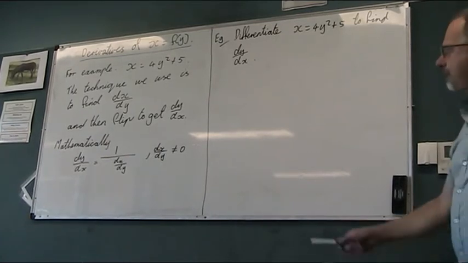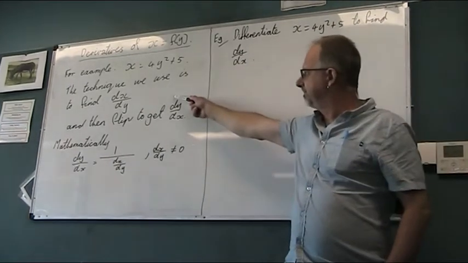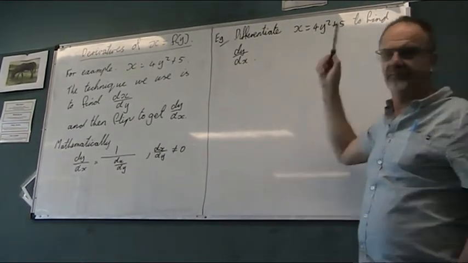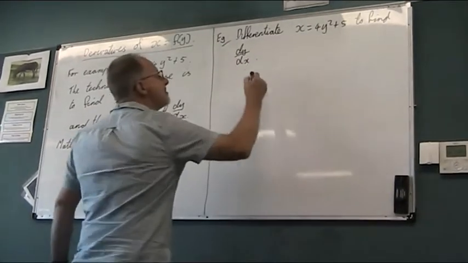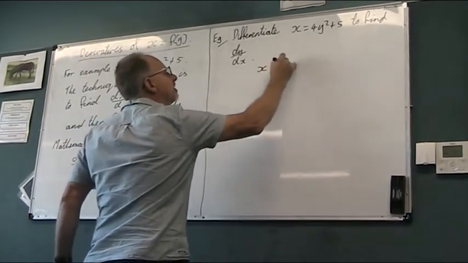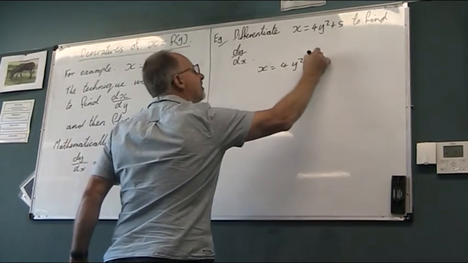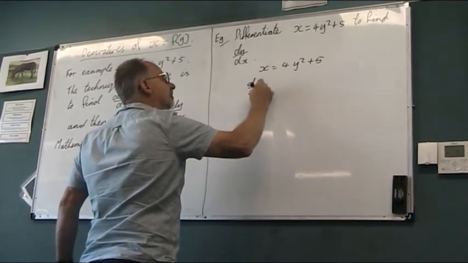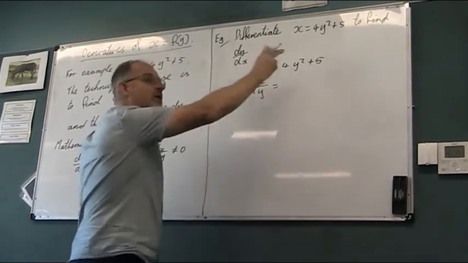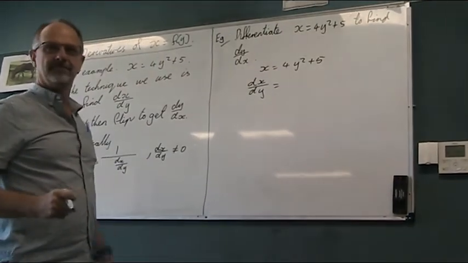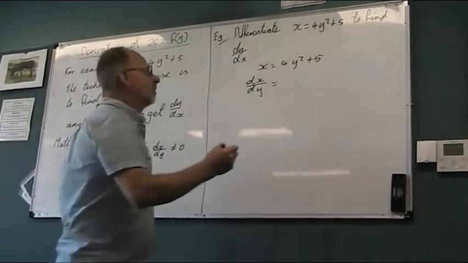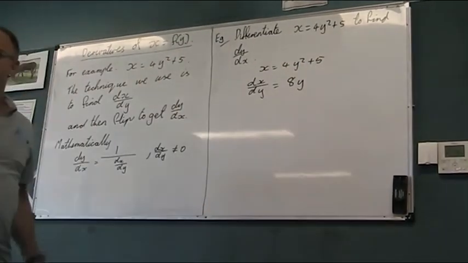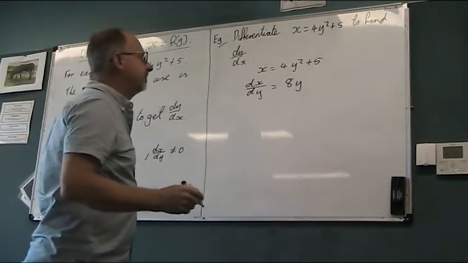Alright, so the technique, as I said, we will differentiate x with respect to y. So if x is equal to 4y squared plus 5, if we're doing the derivative with respect to y, 4y squared would become 8y. And of course the plus 5 becomes 0.